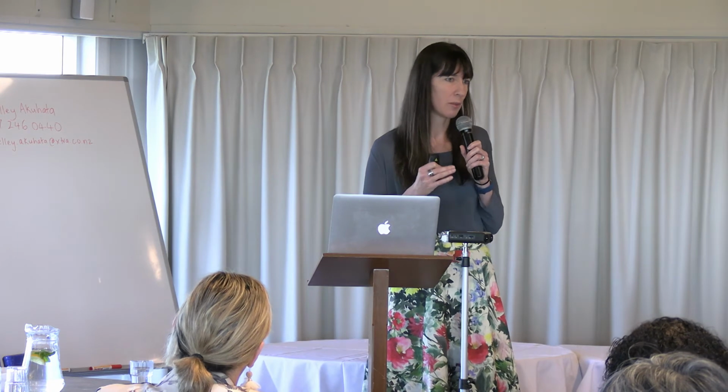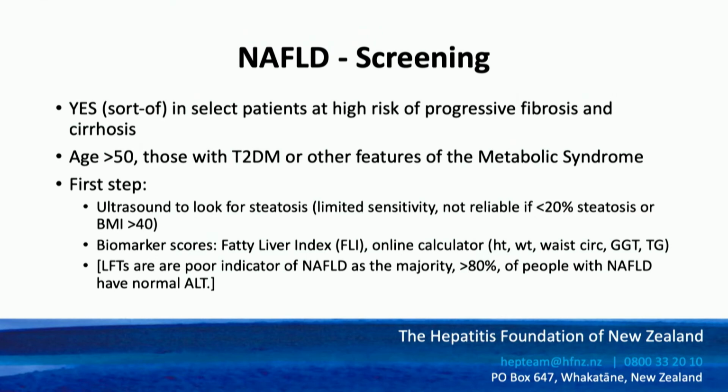However, it is reasonable to think about who are the people at highest risk of running into liver-specific complications. That is people who are over 50, who have diabetes, and particularly those that are male and have one or two other features of the metabolic syndrome. They are the ones at highest risk of having problematic liver disease from their fatty liver disease. The guidelines would suggest that your first screening tip should be to do an ultrasound.